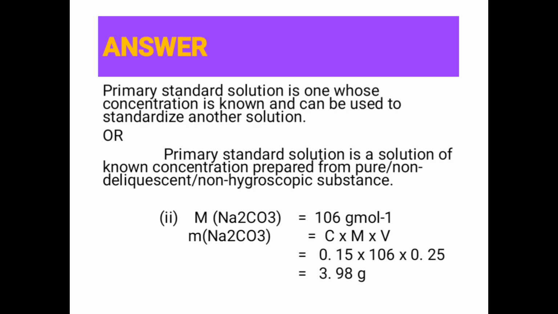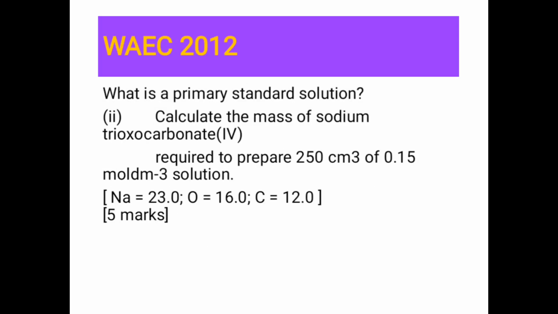Quite simple. The molar mass of Na2CO3 is 106 gram per mole. You can do it directly. You can first find the mole, because n is equal to C times V. But you can convert the V to dm³.